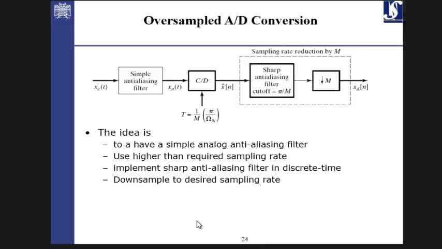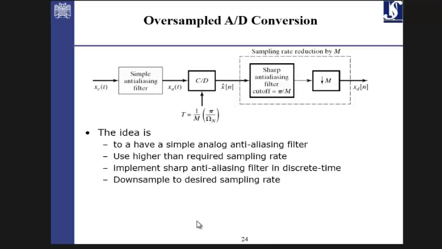There is a part of mathematics that actually helps to implement this idea in a more relaxed form. It relieves you from designing a very harsh anti-aliasing filter, at the cost of some more computational effort in the coming building blocks inside the A to D converter.